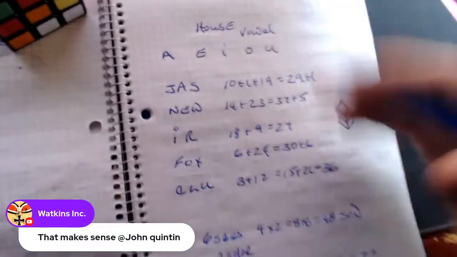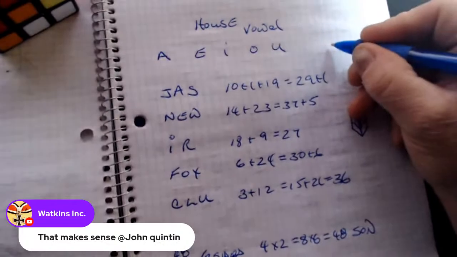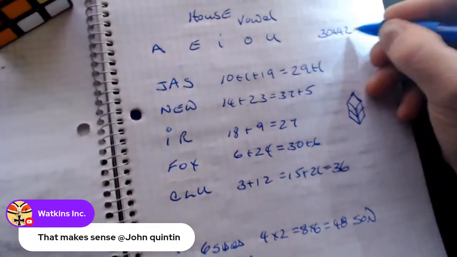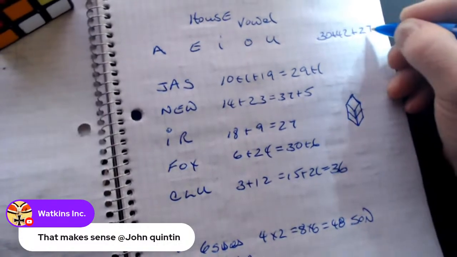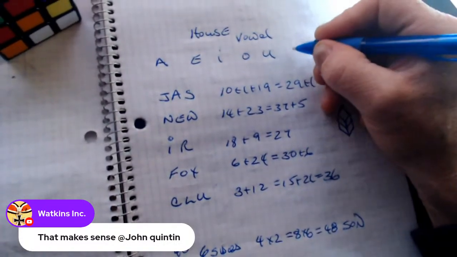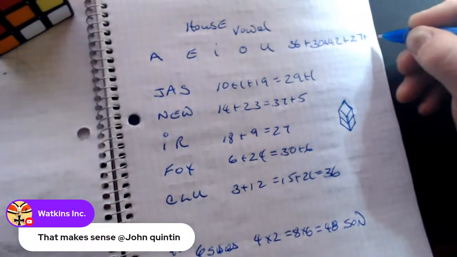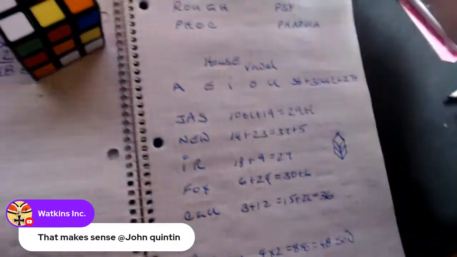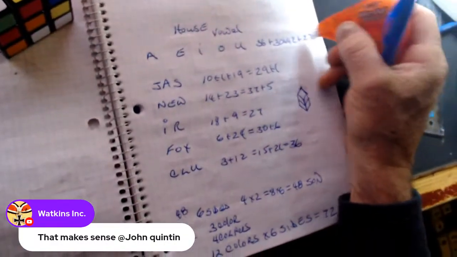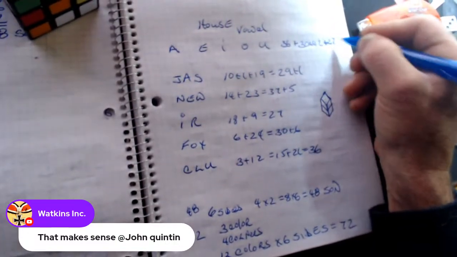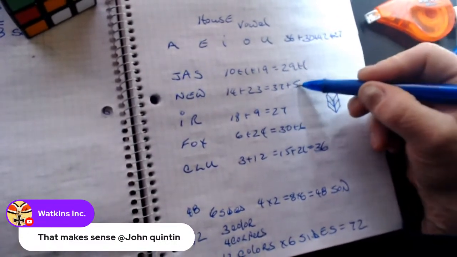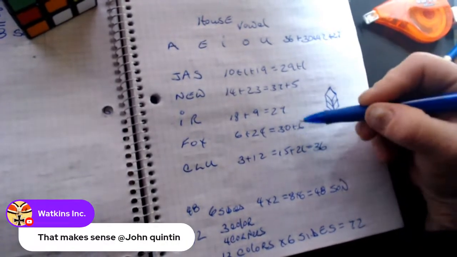I can find it. But anyways, let me get back to it. What happens now is, because these are all vowels, I now have 30 plus 42 plus 27 plus 36 plus, okay, equals. I think I got the equal sign. Let me see. Plus 27, 1, 2, 3, 4, 30, 42, 27, 36.